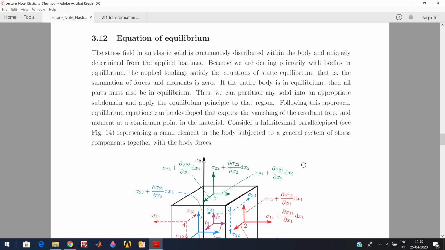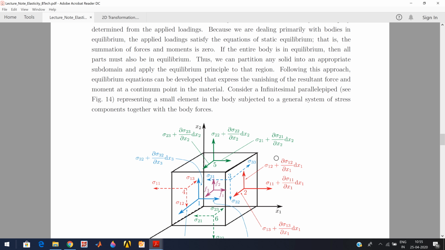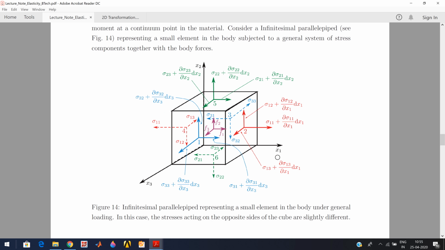And with that, you can see we'll get three equations by considering the linear momentum balance along E1, E2, and E3. With this picture here, you can see I have used the notation of sigmas a little differently, because of the symmetry of the stress tensor.